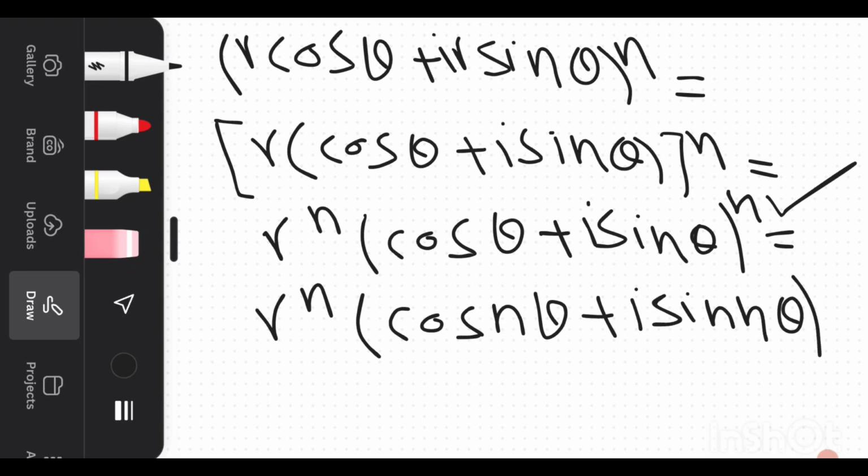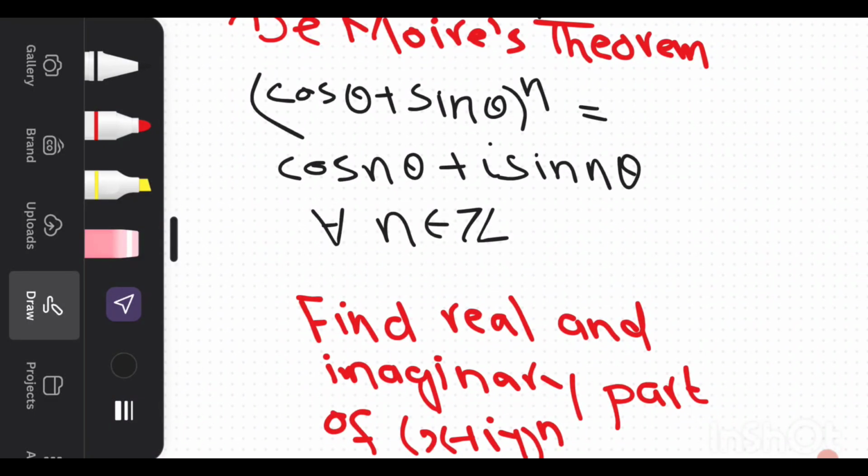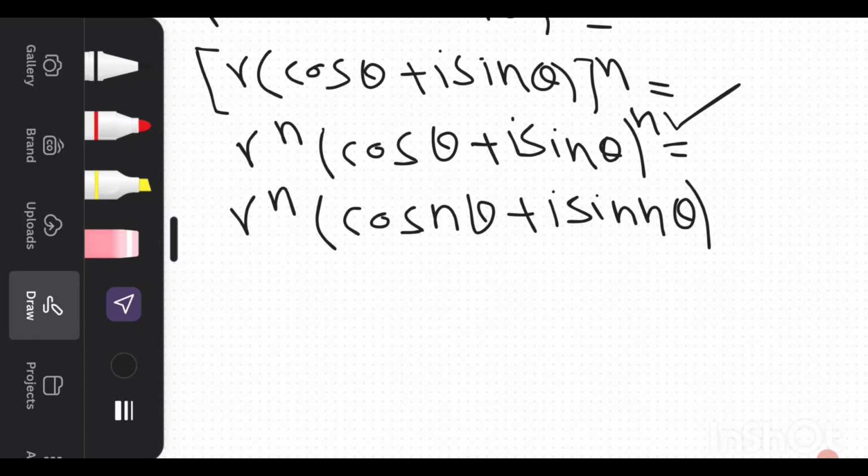We can write it like that because we know that De Moivre's theorem says (cos theta plus iota sine theta) whole power n is equal to cos n theta plus iota sine n theta. So we can write the left side of the equation in the form of the right side of the equation. So by De Moivre's theorem we solve this step.